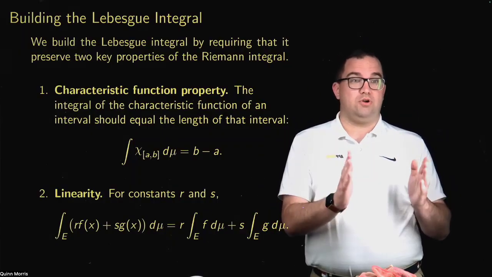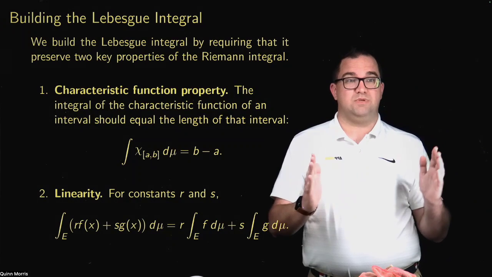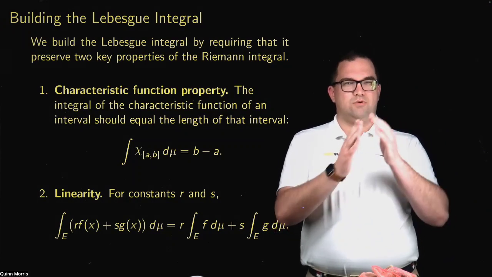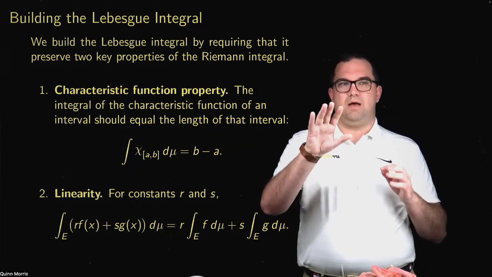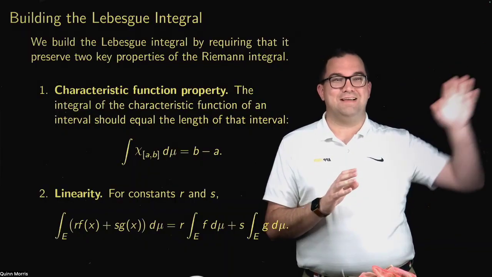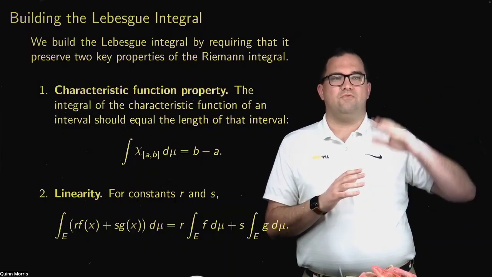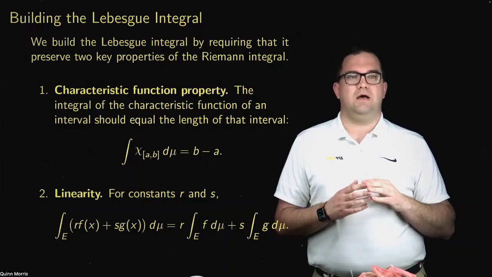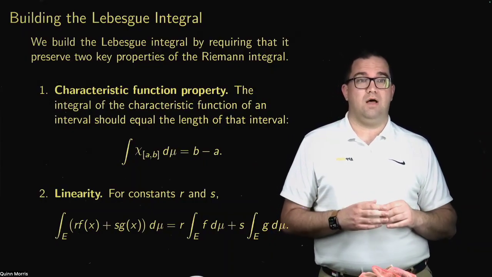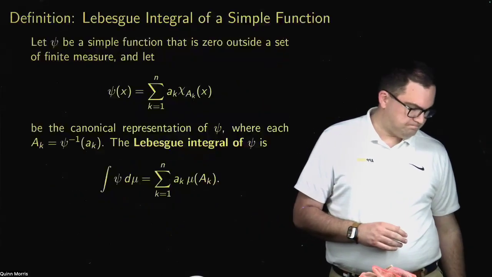So we're going to start today in this video just with simple functions. But we have some navigational beacons laid out in front of us for how this might help us eventually talk about the Lebesgue integral of a measurable function.